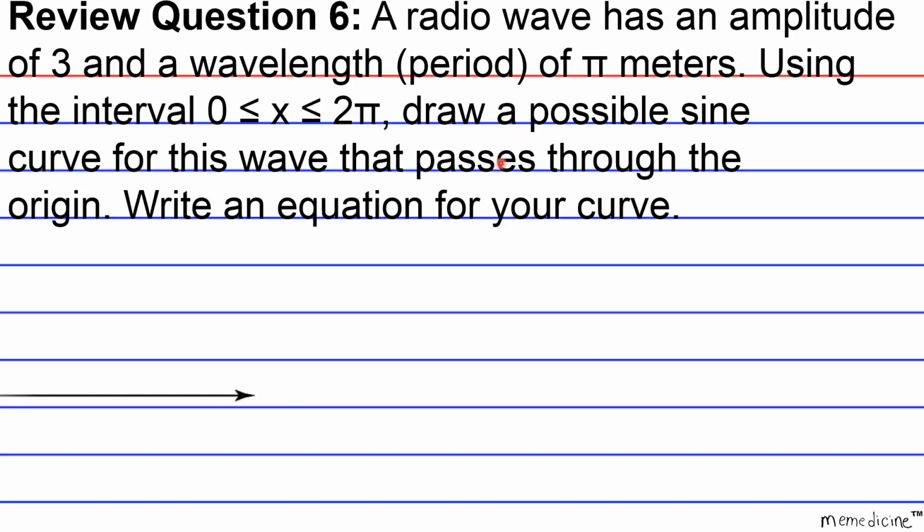So we're going to label pi and 2 pi on the x-axis. And then we're going to divide each of these intervals into 4 equal parts, thus spacing the x-axis in intervals of pi over 4, okay?